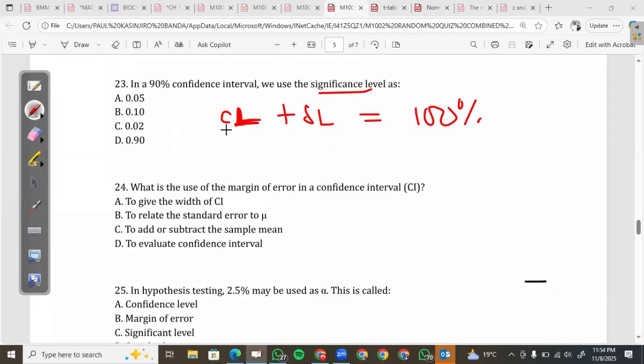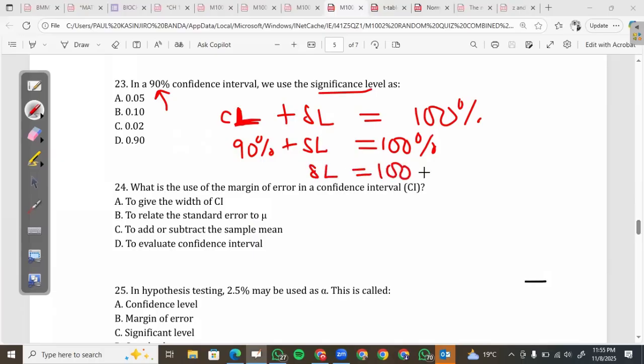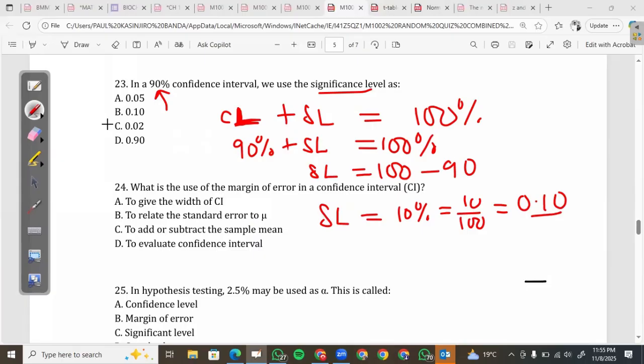The confidence level here has been given as 90%, so 90% plus significant level is equal to 100%. So significant level will just be 100% minus 90%, which means significant level is 10%. But 10% is the same as 10 divided by 100, which is just 0.10. So we come here and pick B as our best answer.